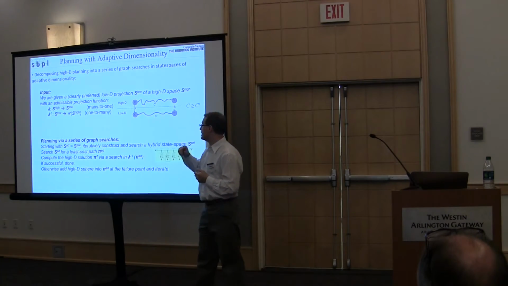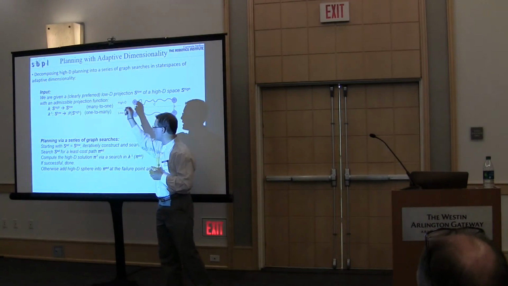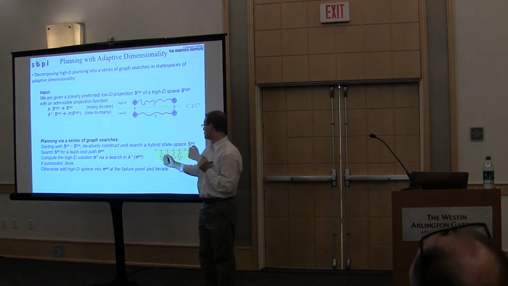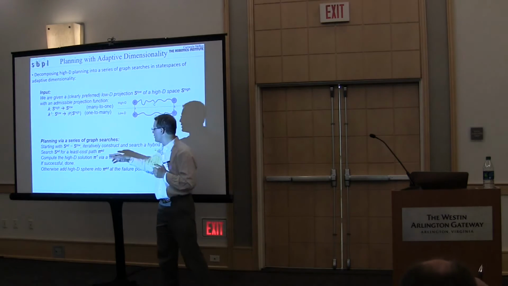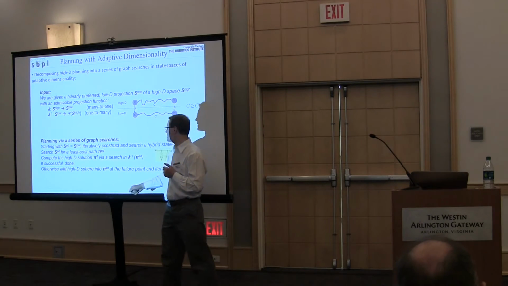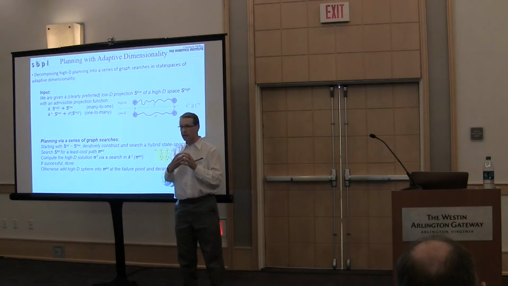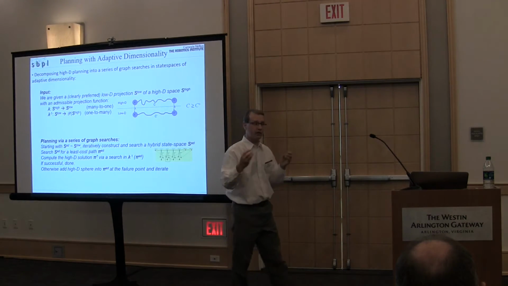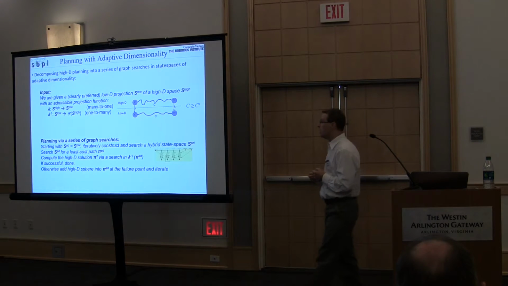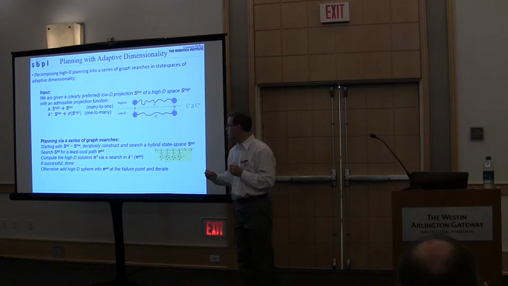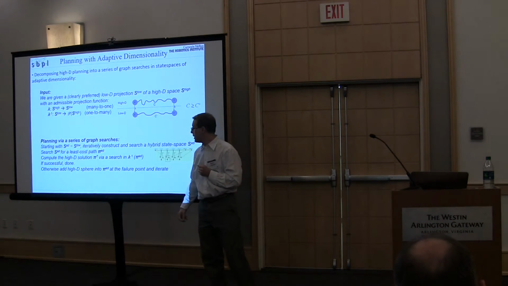So it starts out with a low-dimensional space, and then it searches that space and finds the least cost path in that space. Then you construct a full-dimensional tunnel around that path, and you search that tunnel. It's a full-dimensional tunnel constrained to lie around the low-dimensional path.